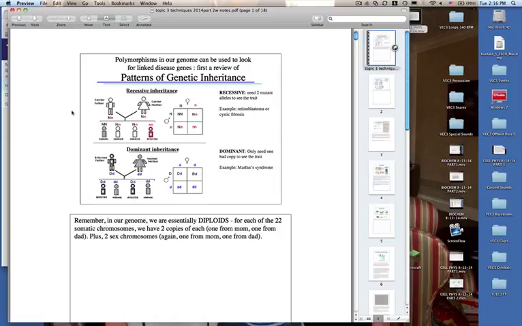Then out of the four, half of your offspring are carriers, and 1/4 are normal. So that's a recessive inheritance. Your dominant inheritance is going to run the same way, except now we've got our dad here who is affected, and he's got one bad copy of the allele.